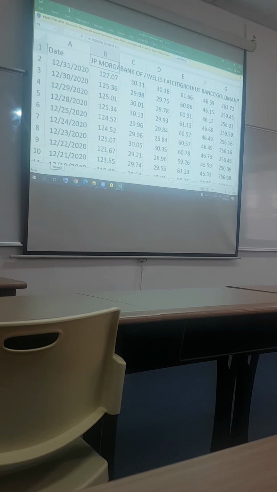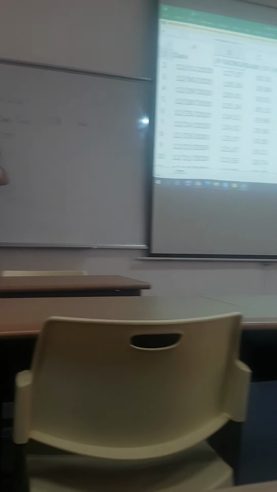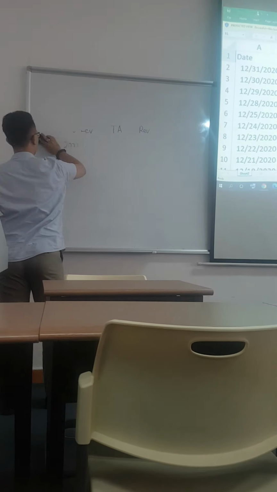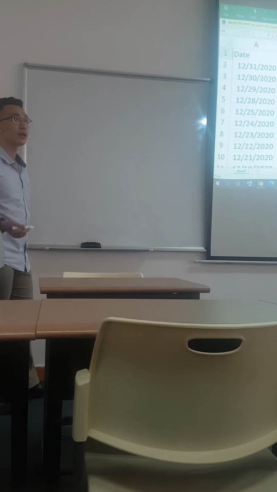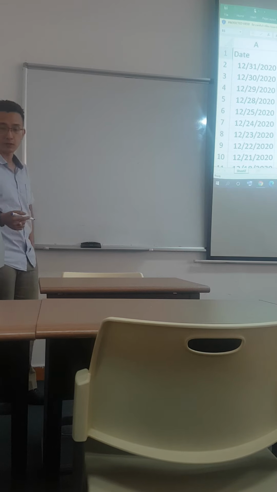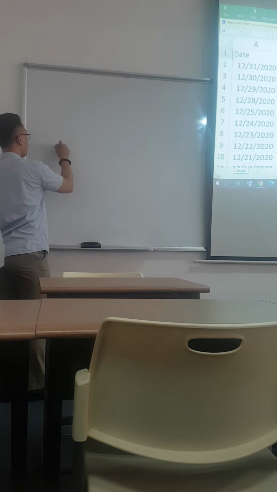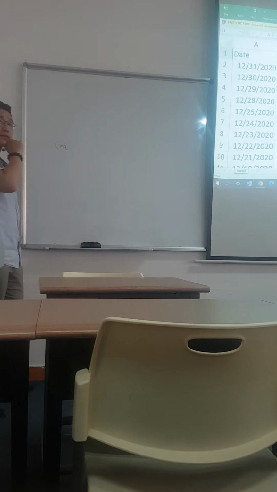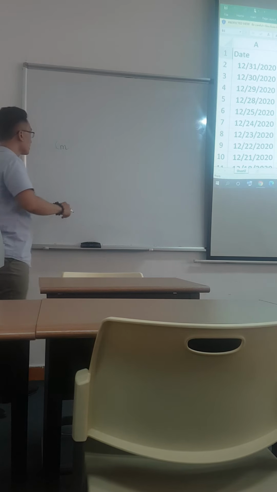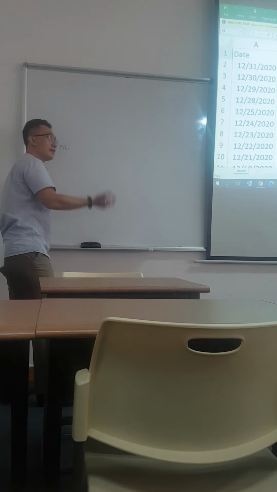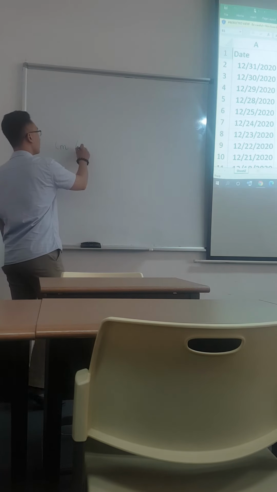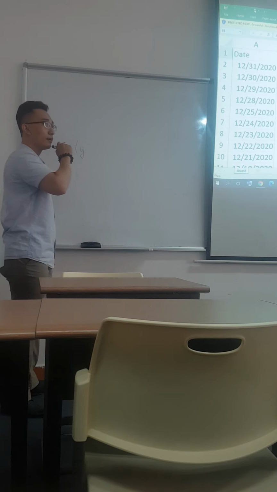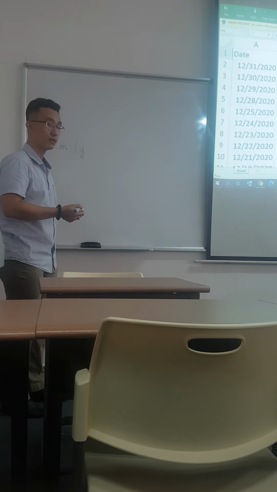All right. So how to run the regression? I showed you before. Let me repeat again. In order to run the regression, you need to use the function linear model, lm. Remember that one? No? Okay. So for lm, you open the bracket, and then it's going to be your dependent variable first.